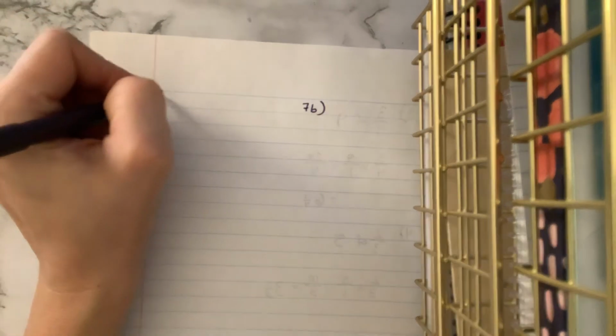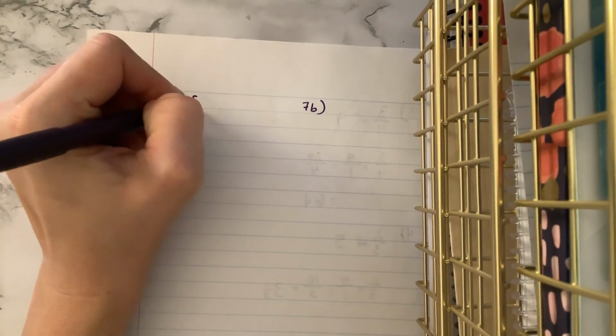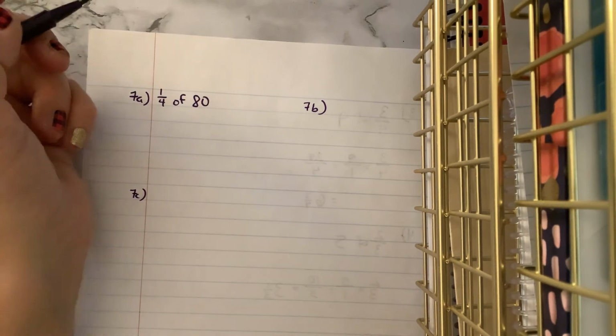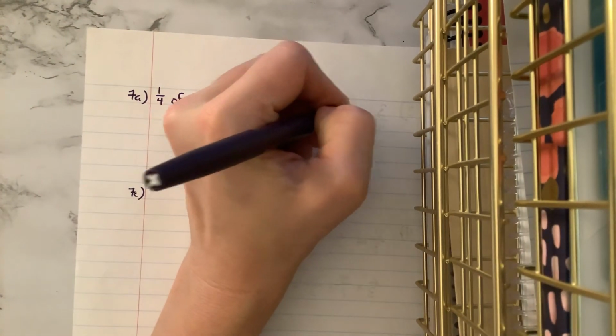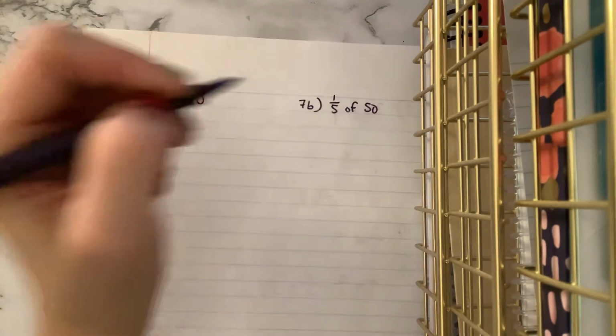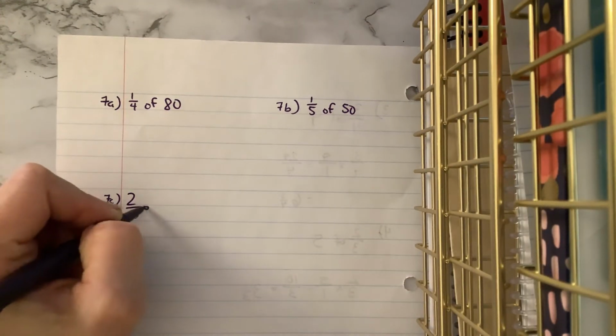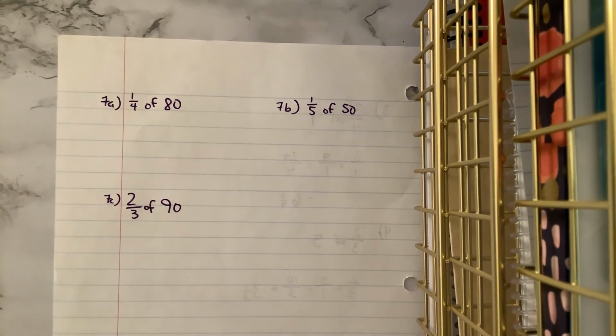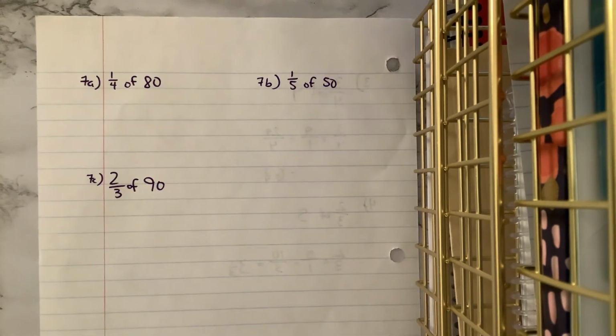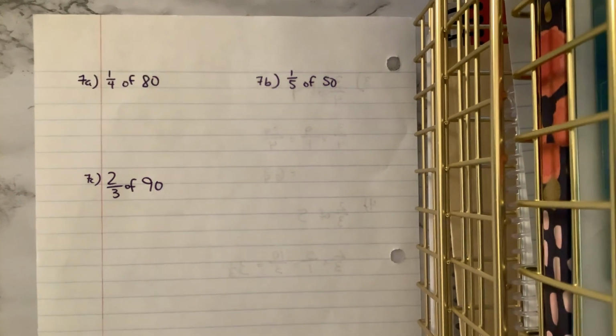So we have 1/4 of 80, 1/5 of 50, 2/3 of 90. So again, I'm going to have you pause. I'm going to have you try these problems. Come on back and see how you did.